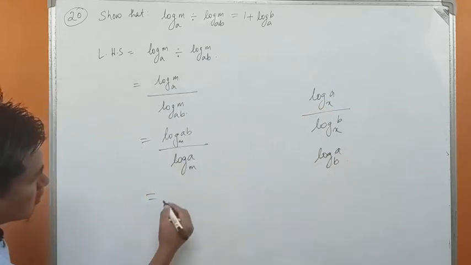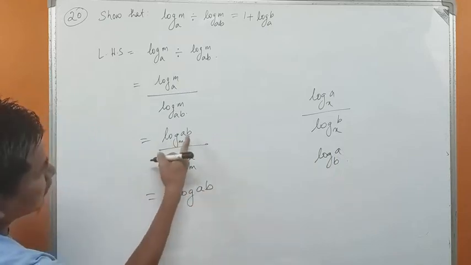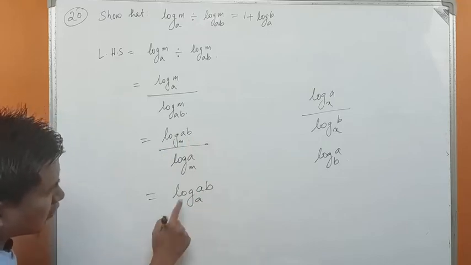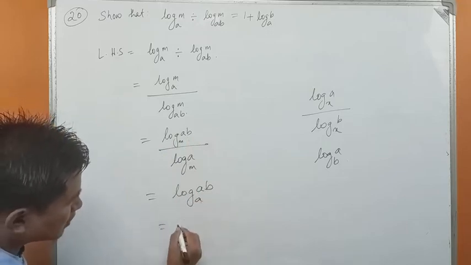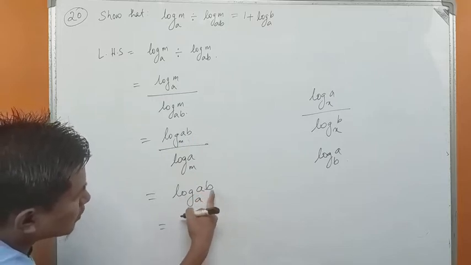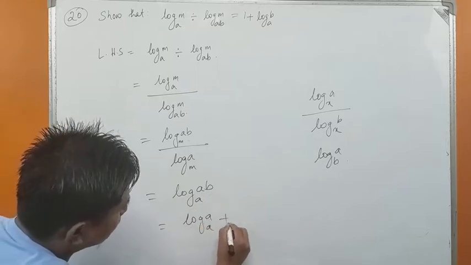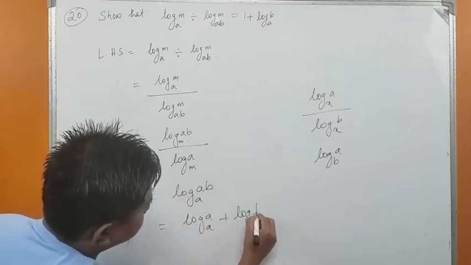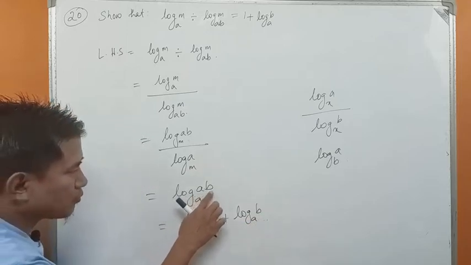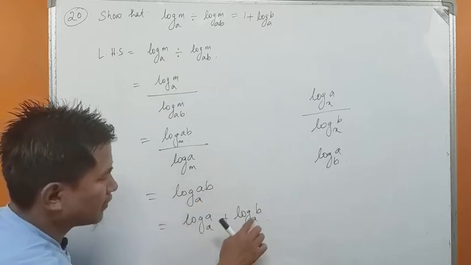So this means log ab to the base a. So log ab to the base a means a into b, isn't it? Ab means a into b. Log a into b means log a to the base a plus log b to the base a, isn't it? Ab means a into b, so log a plus log b, like log m plus log n, isn't it?